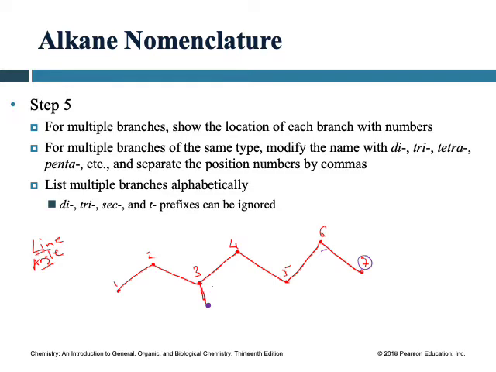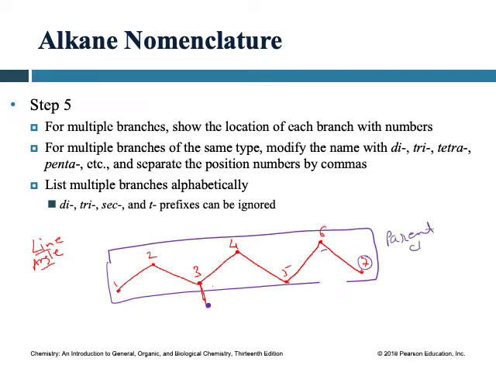So our parent chain will be this one. This is our parent chain, right? And then what's this? This is our substituent, right? And how many carbons do you have on this? 1 carbon. If you have 1 carbon, that is meth, and because this is a substituent, this is methyl.